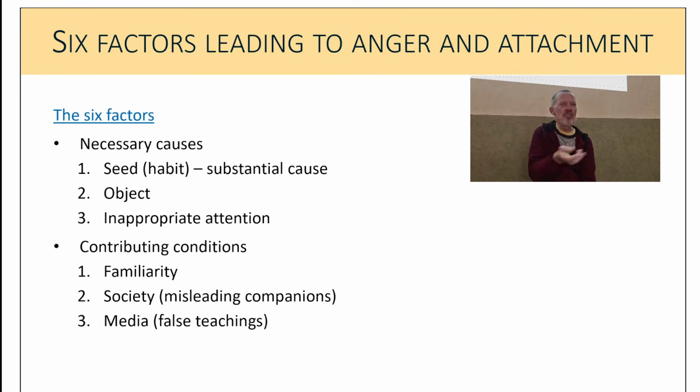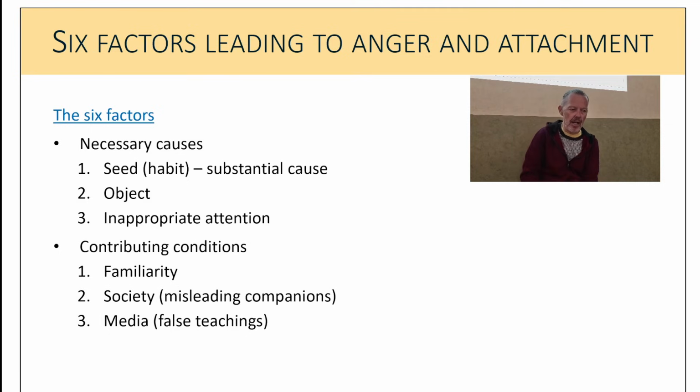The more we do that, the more familiar we become with it, the easier it is for it to arise. So that's familiarity. If we simply allow anger to go unchecked, then in future it's going to be much easier for it to arise and probably much stronger.